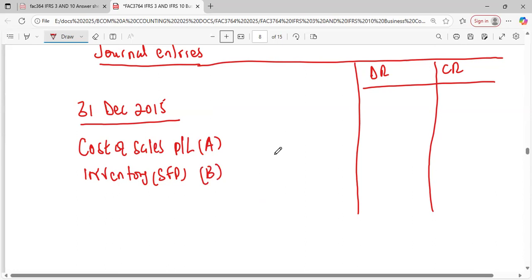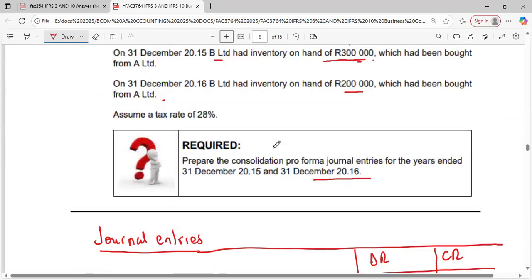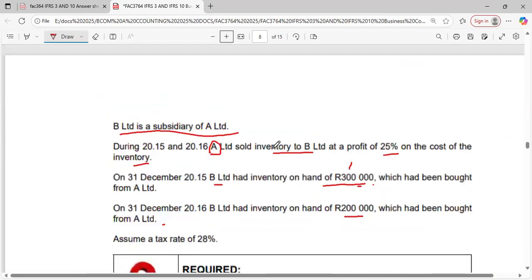By how much? They say 25% markup. There is also something: there's a difference between 25% on the cost of the inventory.